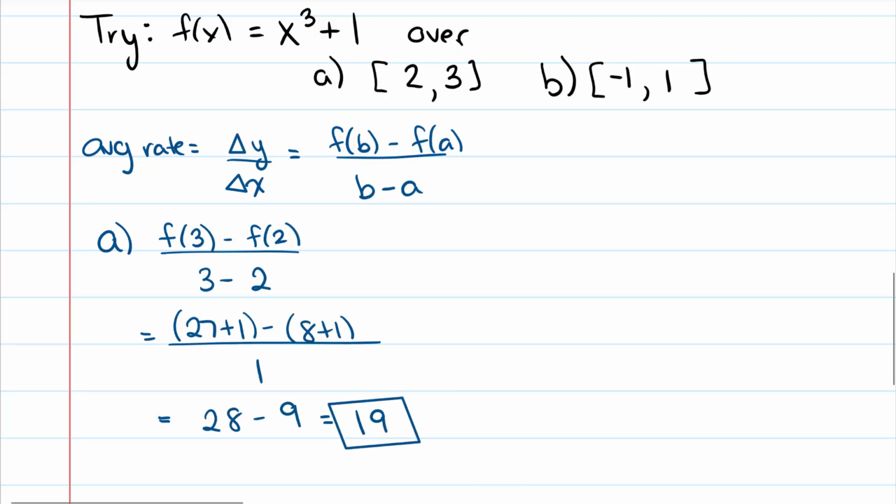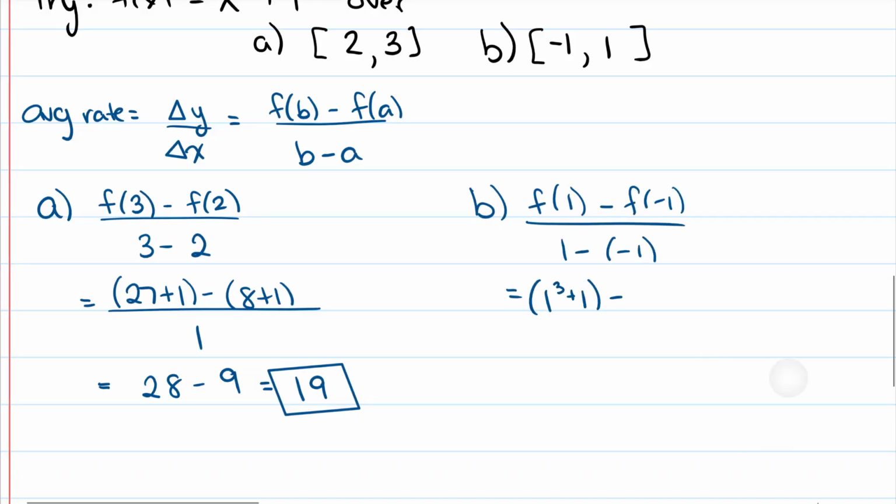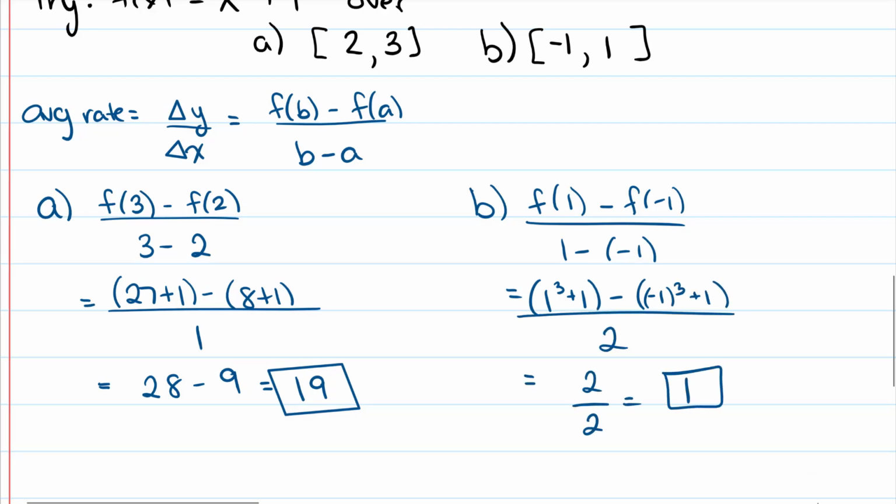And so for the first one, we get that the average rate is 19. And now let's go ahead and solve part B. And so we get the average rate of change then is 1 from the point negative 1 to 1.